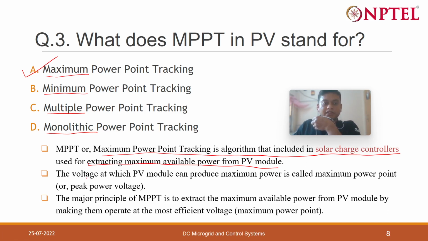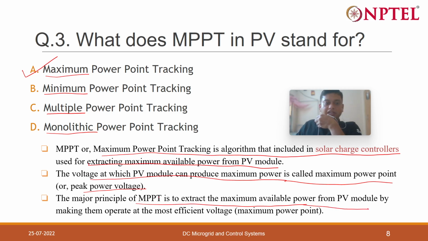The voltage at which a PV module can produce maximum power is called maximum power point voltage or peak power voltage. The major principle of MPPT is to extract the maximum available power from the PV module by making it operate at the most efficient voltage, that is the maximum power point.